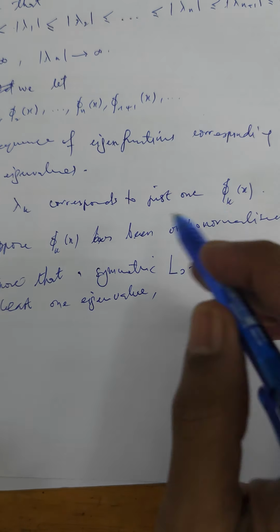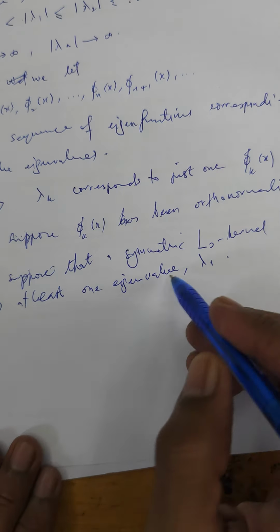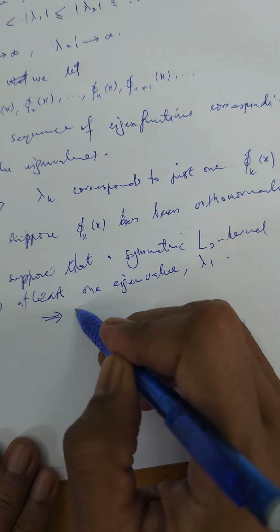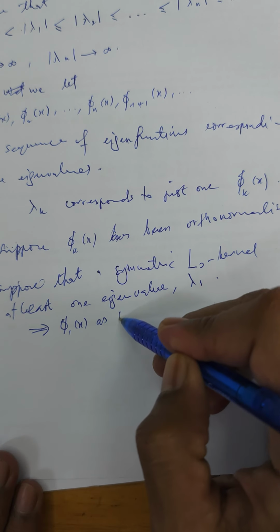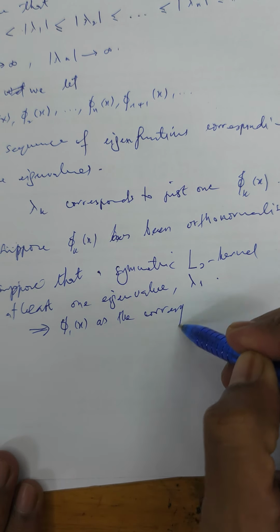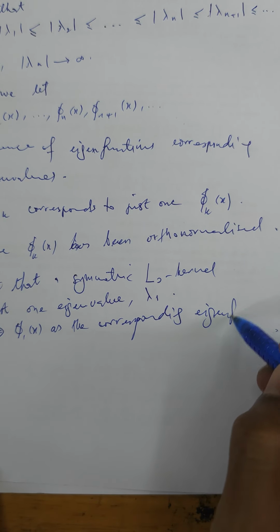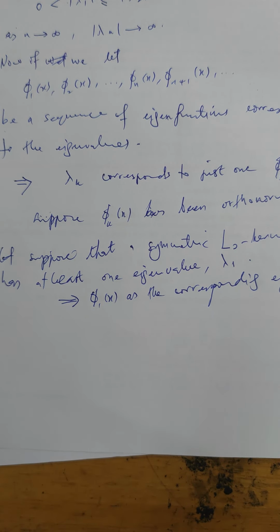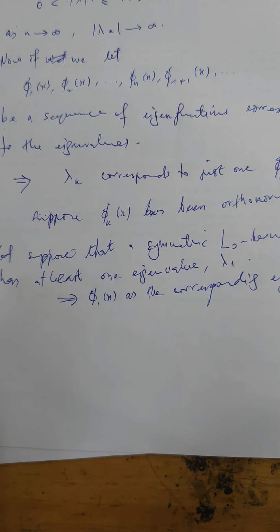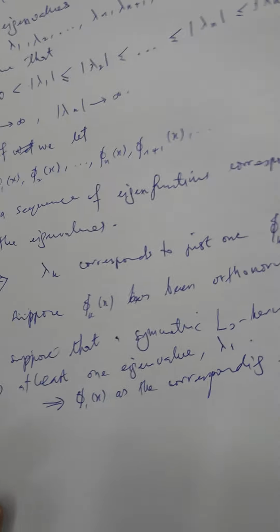Let's say this eigenvalue is lambda 1. Then from there we can find phi 1 as the corresponding eigenfunction, and it follows that we can find the second truncated symmetric kernel.